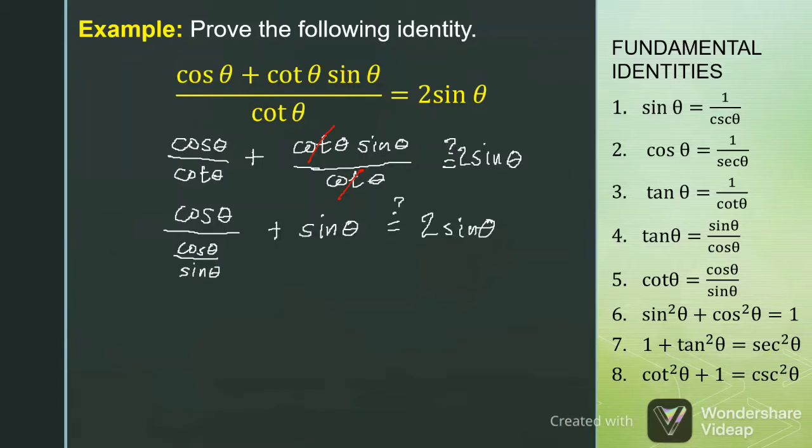So simplify first cosine divided by cosine over sine theta. So we will get the reciprocal of the given denominator and we will proceed to multiplication. So times the reciprocal of cosine over sine, which is sine divided by cosine, plus sine theta.